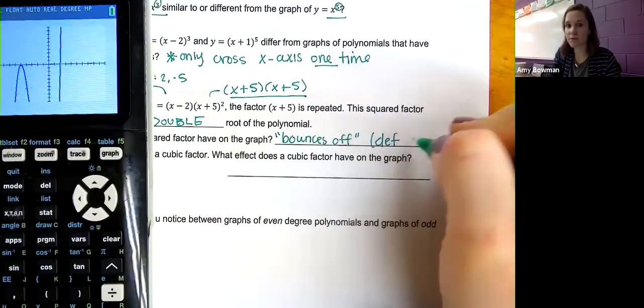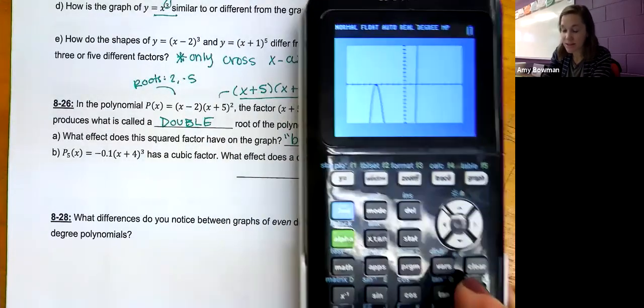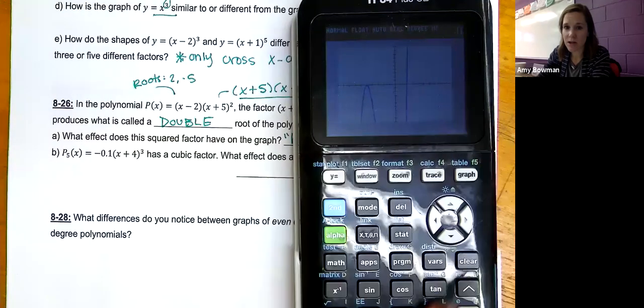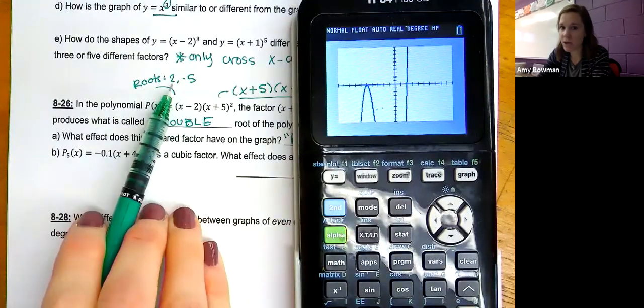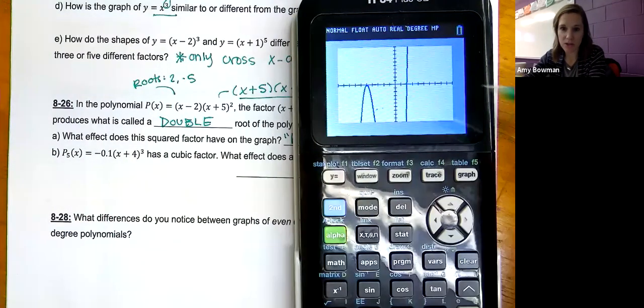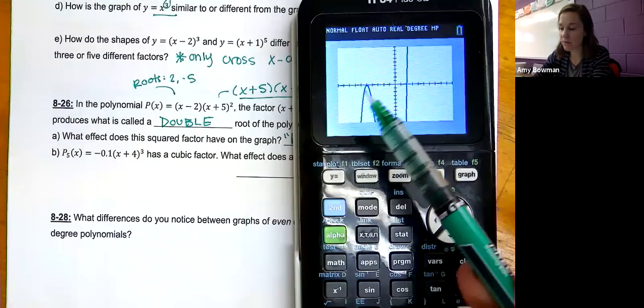It's bouncing off, as opposed to the linear root. This linear root, with the factor of x minus 2, which gives us the root of positive 2, is just crossing straight through at positive 2. But the square on the factor of x plus 5 causes the graph to behave differently there.